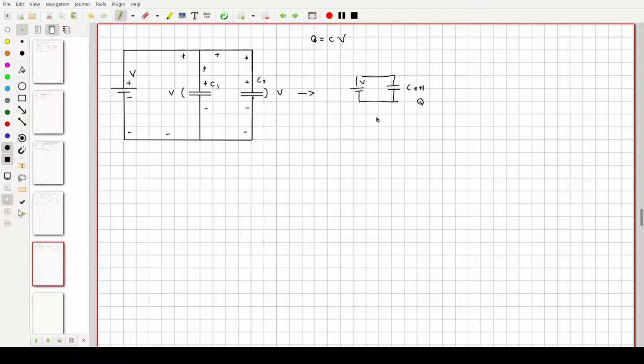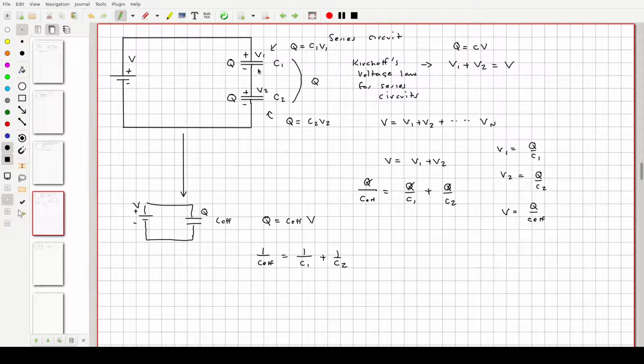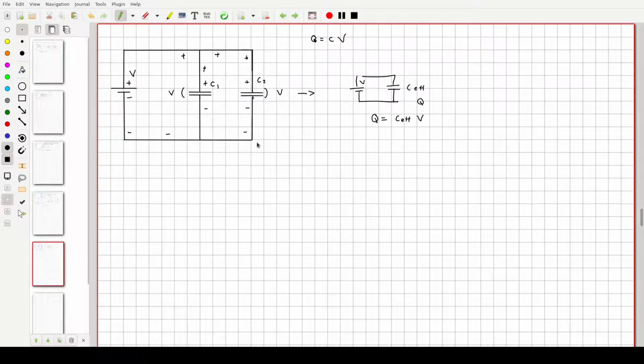So here, Q is going to equal C effective times V. But if you look at these right here, unlike the previous example where we don't have a connection between our capacitors on this side, that's not true for a parallel circuit. So what that means is that our voltages don't add; they're the same on both of them, and so with different C's, we have different Q's.